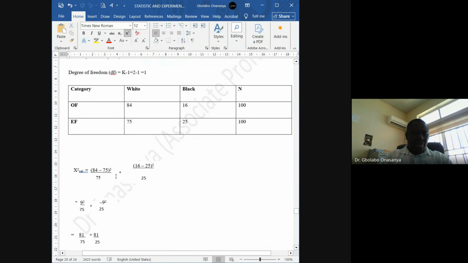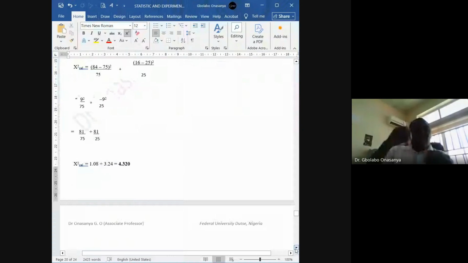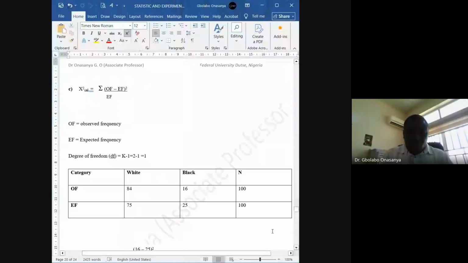Let us do it for white first. We will do for white, we will do for black, and we will add them together.